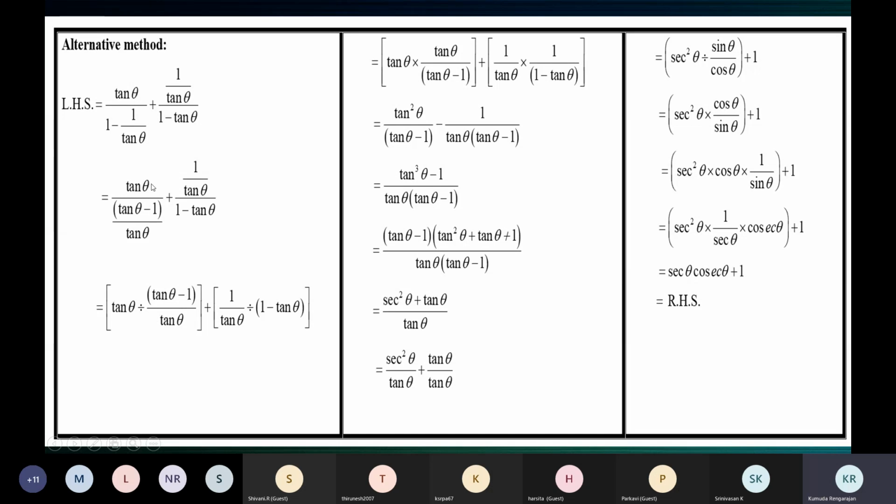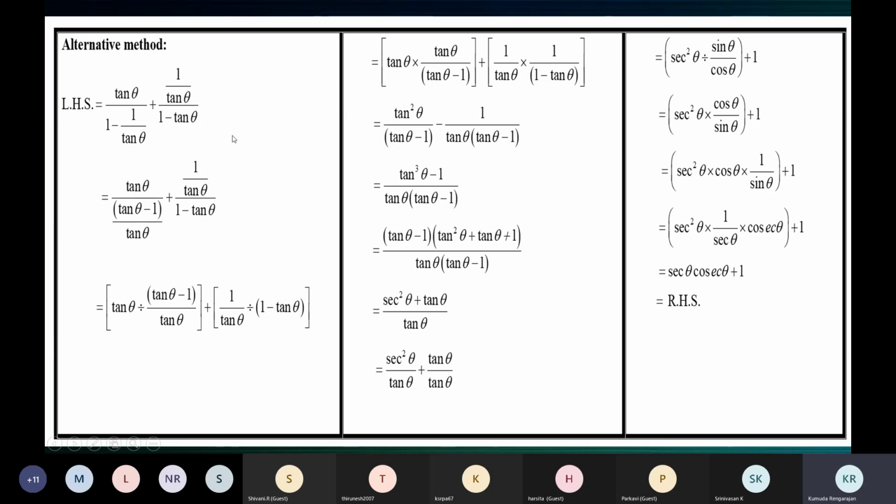Now here, tan theta is a numerator divided by tan theta, because this is the denominator. And here 1 by tan theta is a numerator because it was cot theta.